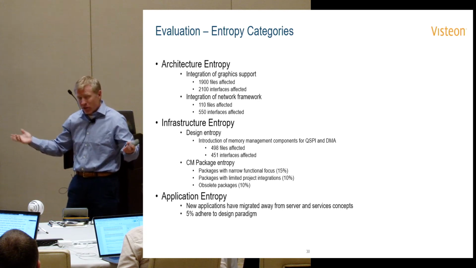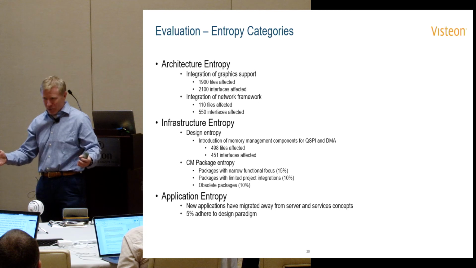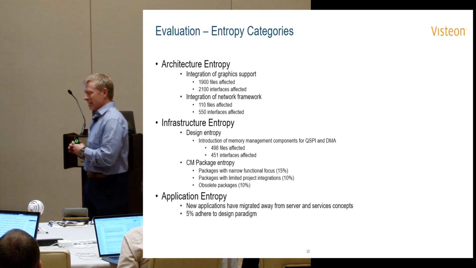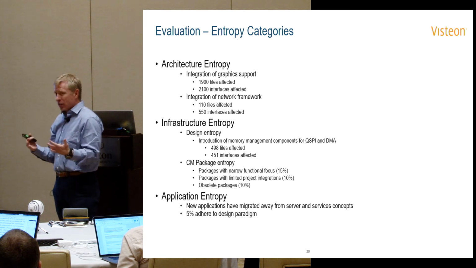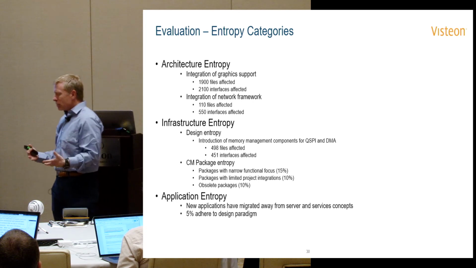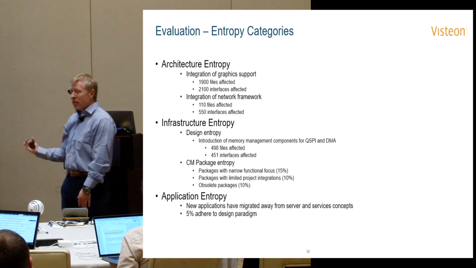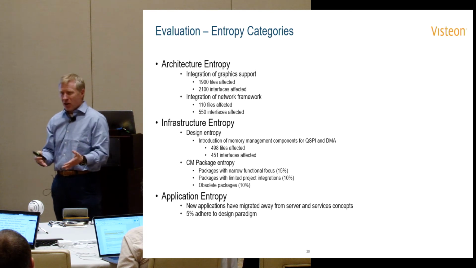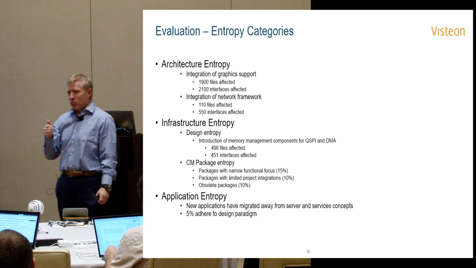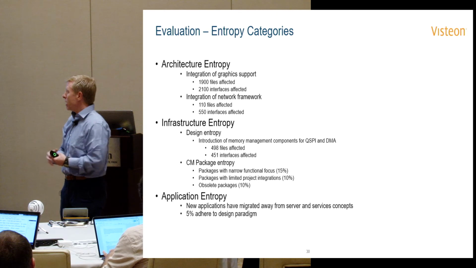Now, that's just a number, right? I can tell you that's a majority of the files in the entire product. So more than 50% of the files were affected by the addition of graphics support, which meant potentially, if a customer came to us and wanted a change in graphics, we might have to change up to 50% of the software. So immediately that tells me the addition of graphics support did not mesh well with the architecture as defined. So we've got entropy there.